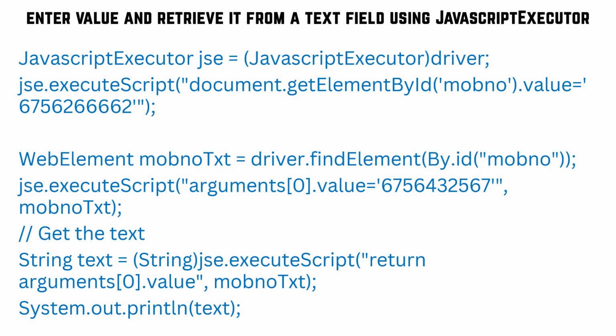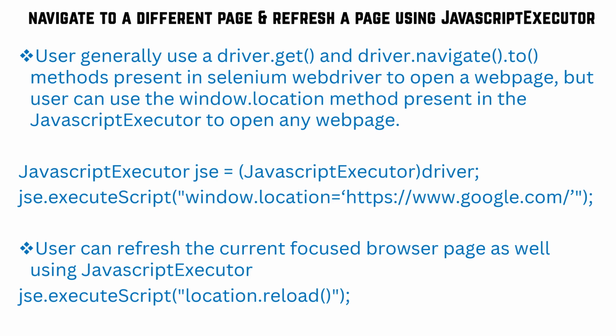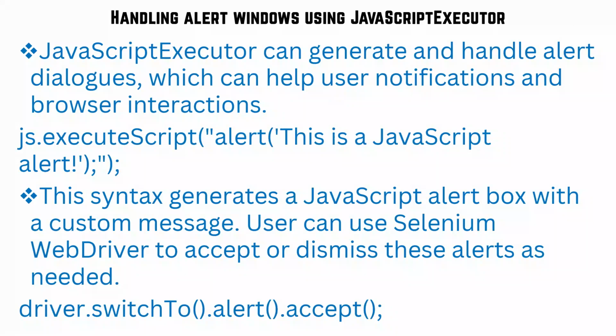We can retrieve the value in the text field as well. We can highlight an element with some background color. We can create some border, and we can give the color of the border as well with the JavaScript Executor. We can refresh the page. We can navigate to a page as well with the JavaScript Executor, and we can create a window alert or notification with the JavaScript Executor, and whenever an alert is coming, we can accept or dismiss the alert as well.